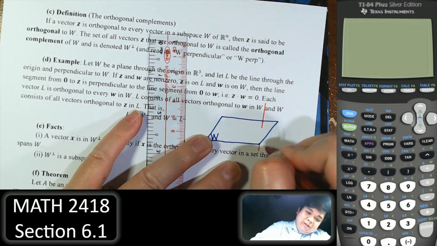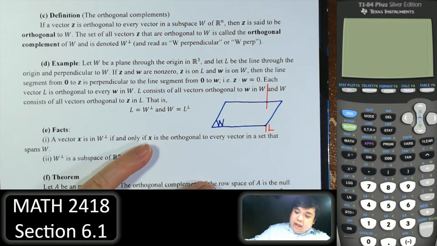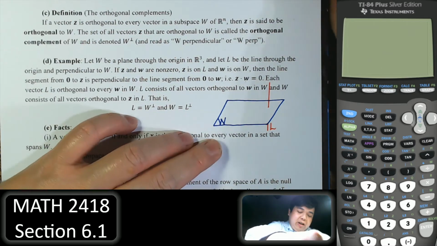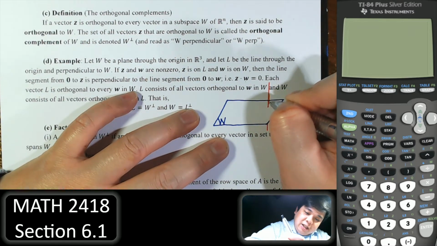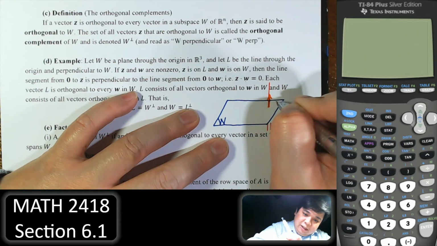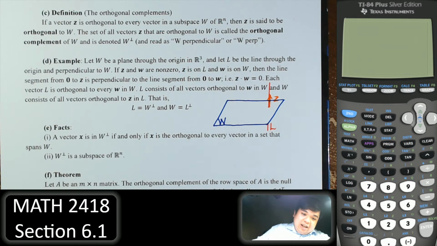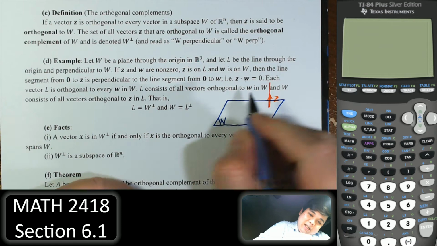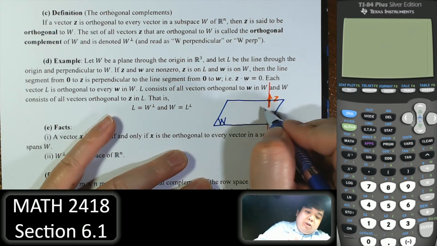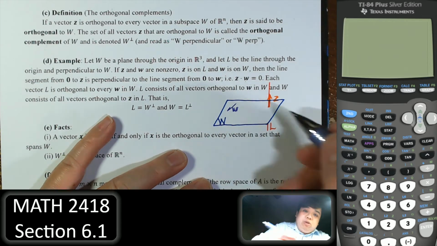So we have a line L. Here we might have a vector on L, let's say this vector z. And then we have a little vector that is on W, maybe. Of course, a vector I can move anywhere on W. So I can move the vector here. Let's say that is a little w, but of course we can move the vector too, right?